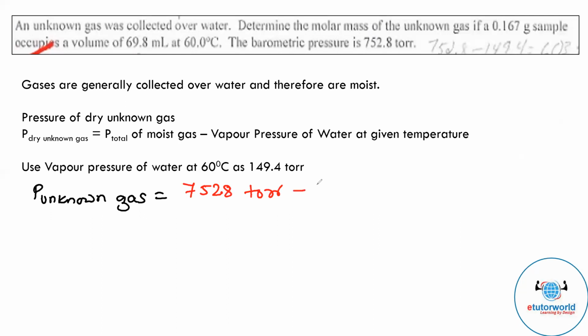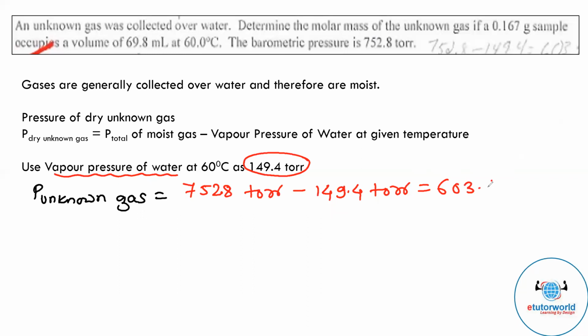Always focus on the unit. From the data sheet, the vapor pressure of water is 149.4 torr. Calculate this and tell me the answer, Aditi. 603.4 torr.